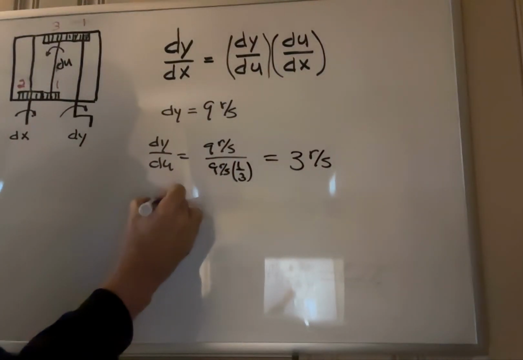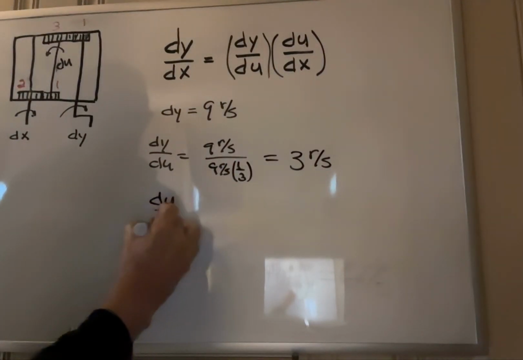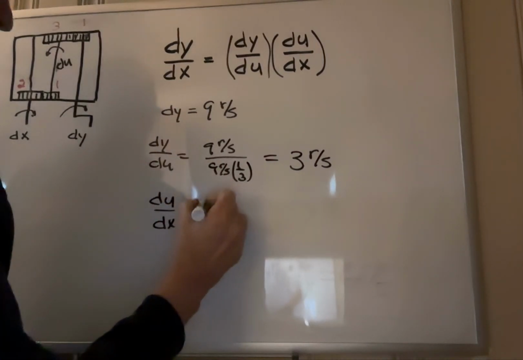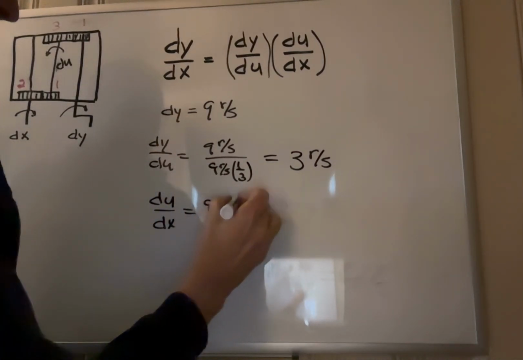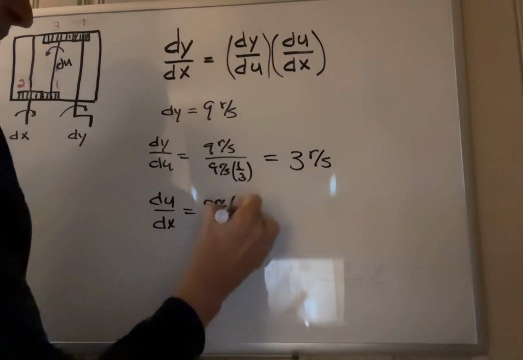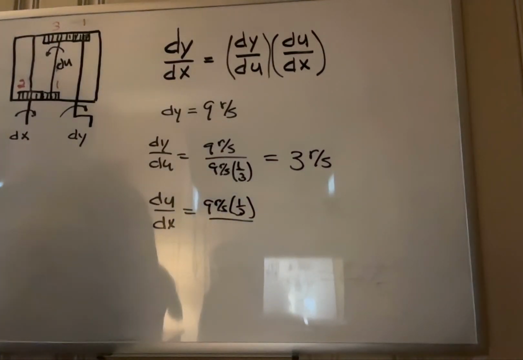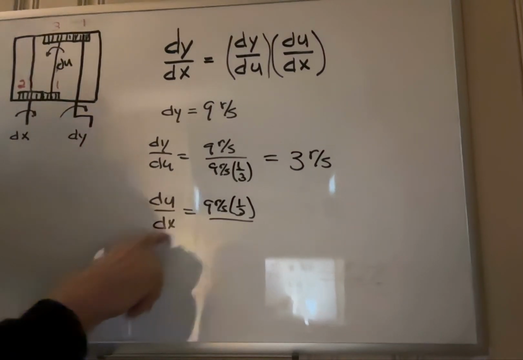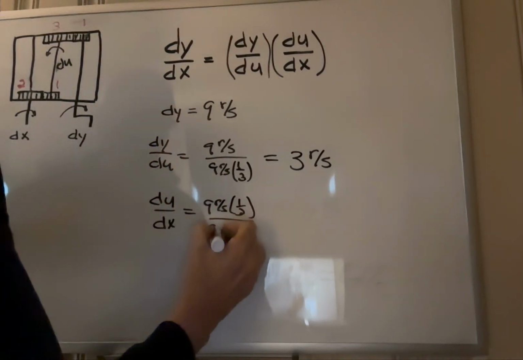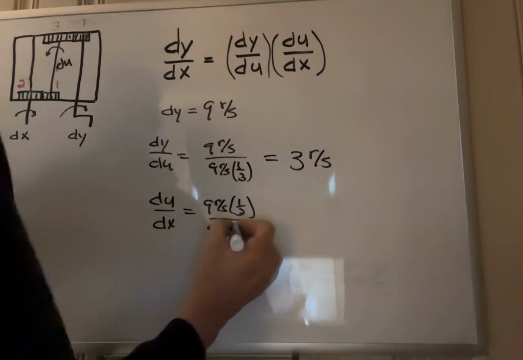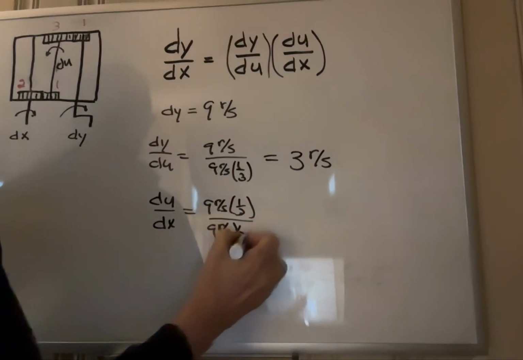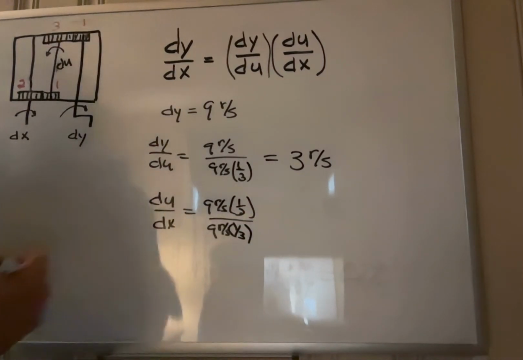What is going to be du/dx? Well, I know my du is 9 revolutions per second times 1/3, which is my gear ratio, divided by my dx. Well, what is going to be dx? dx is going to be 9 revolutions per second times 1/3, because that's my du, times the 1/2.